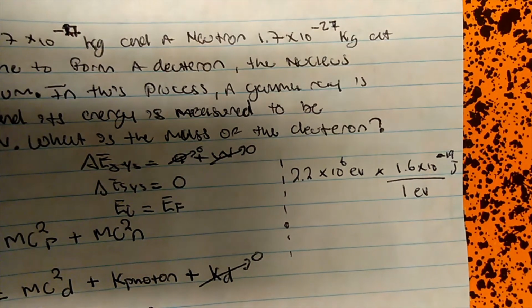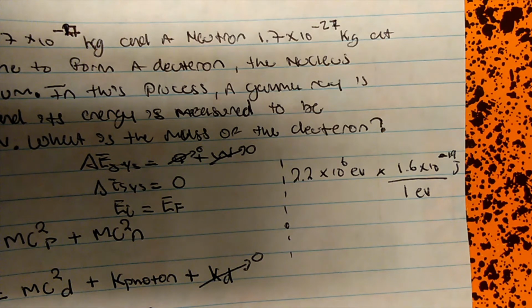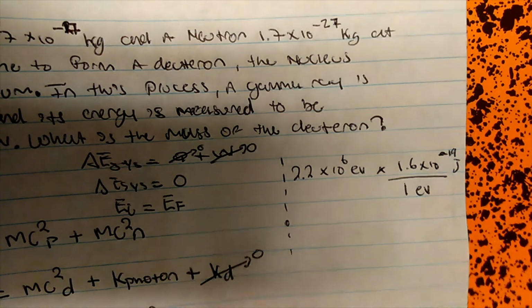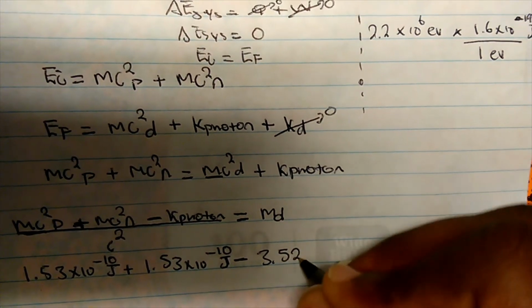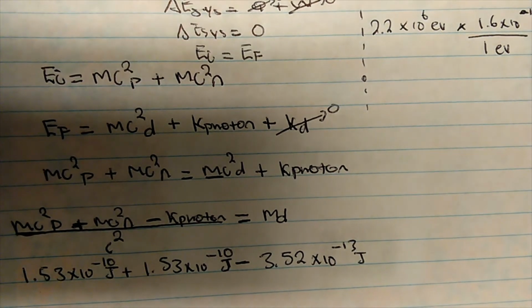Okay, and so if I multiply 2.2 times 10 to the 6 times 1.6 times 10 to the negative 19, I get 3.52 times 10 to the negative 13 joules for my kinetic energy.